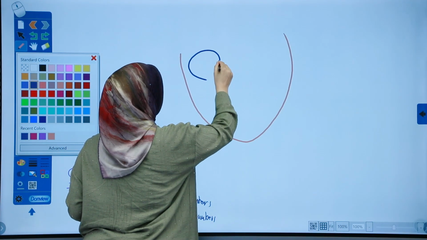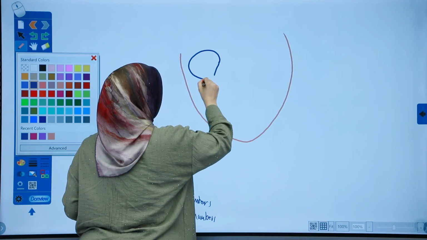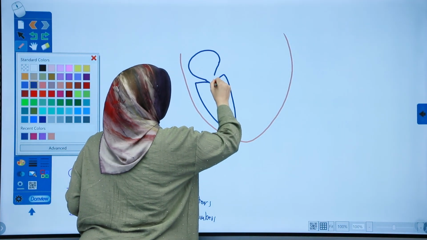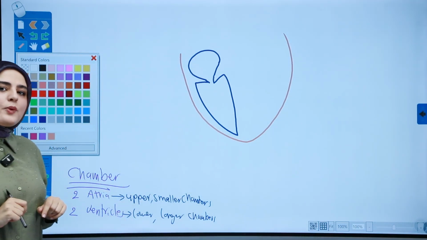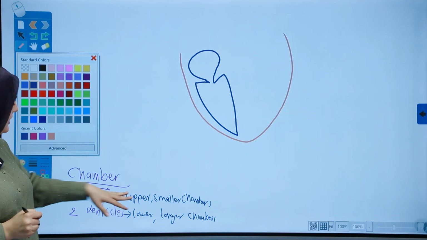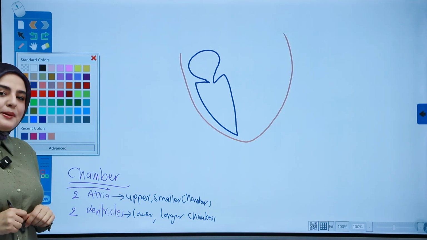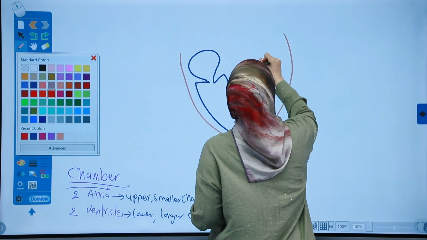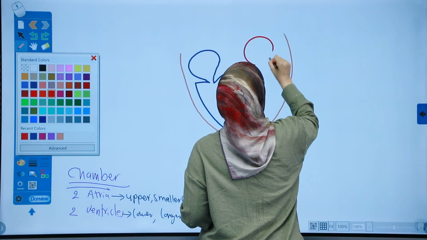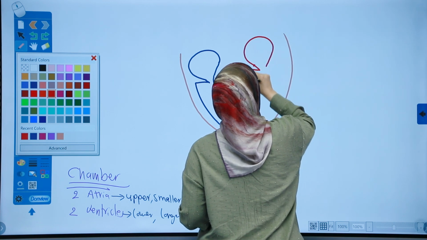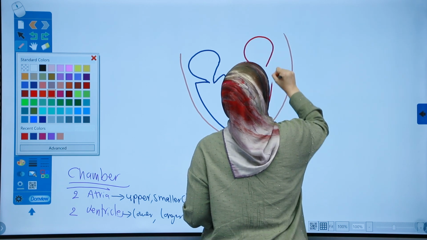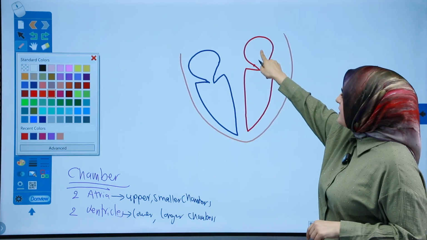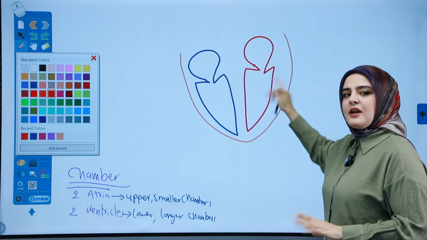This is the upper and smaller chamber. And then I'm going to add the lower chamber as well, which is bigger. I think it matches the description. Good. Then we draw the same thing on the other side again. Okay, there you go. Upper, smaller, lower, bigger chambers.